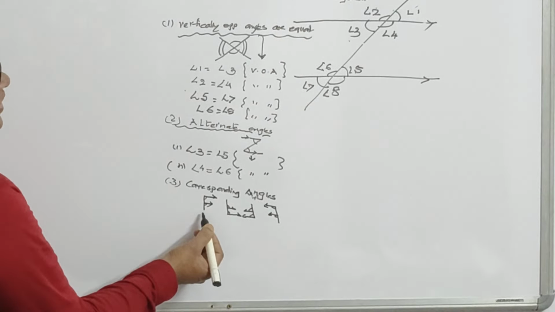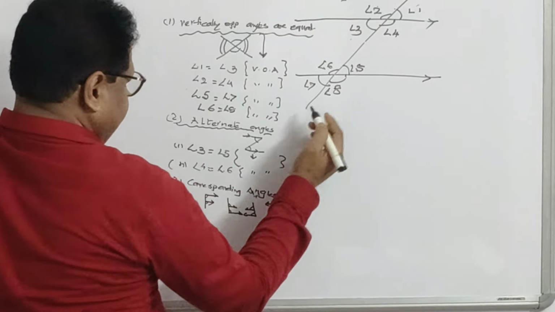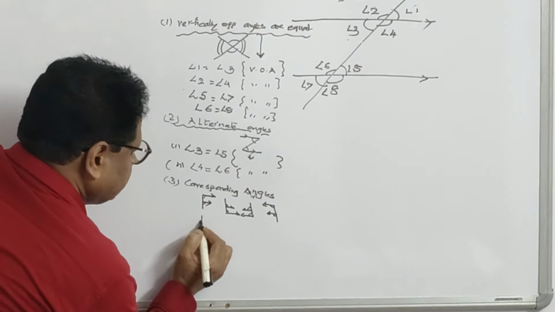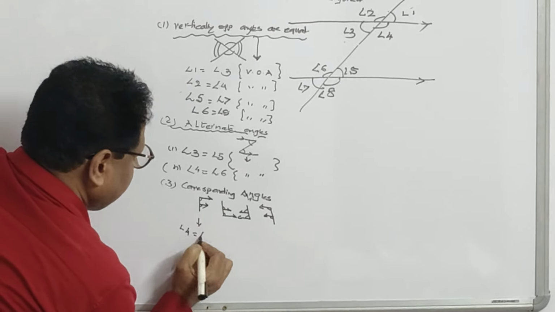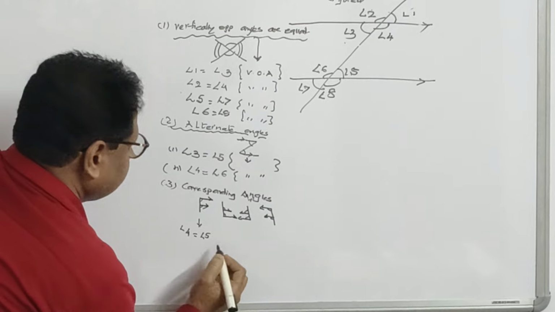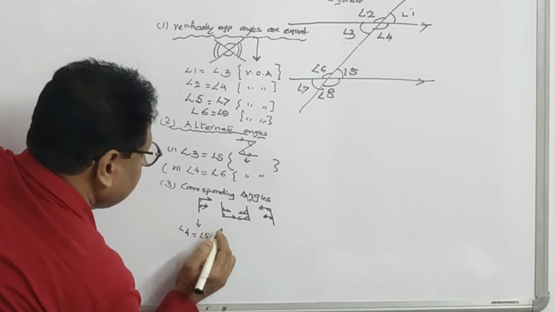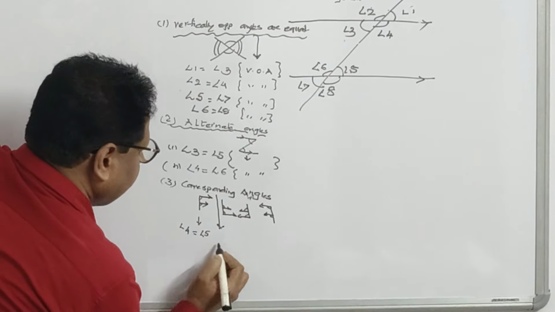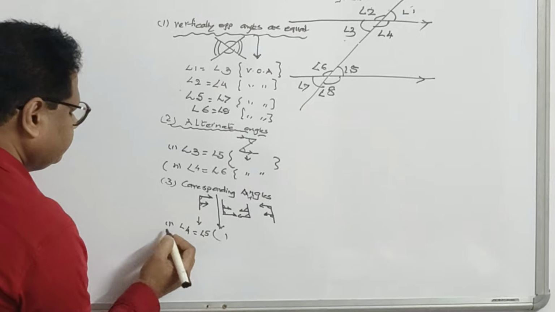Now as per the first figure, here angle 4 equals angle 8. So as per this figure, angle 4 equals angle 5. The reason is corresponding angles. So please write the reason over here. This is the first pair.